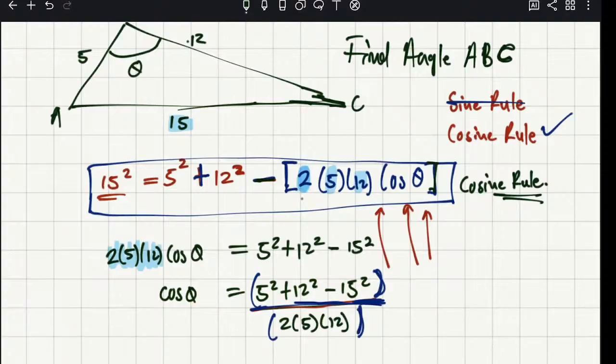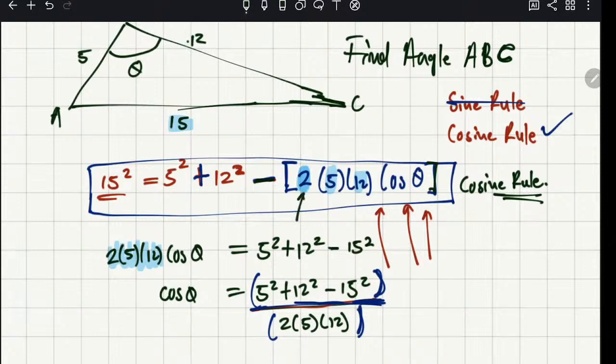Remember, when you do cosine rule, you have to practice it the whole night if you need to. The side opposite your angle should be squared. Then you say equal to, you add the other two squared: 5 squared plus 12 squared. Then you subtract, you do these other two again, but you multiply them by 2.